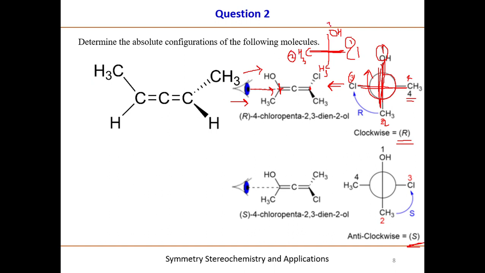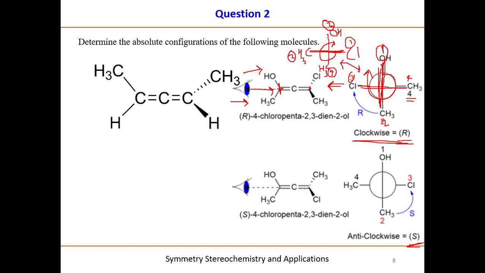Now the third priority will be given to the hydroxy group present on the vertical line, and the fourth priority will be given to this CH3 group present on the vertical line. Now what is the direction? 1, 2, 3. This is the clockwise direction. Clockwise direction means R configuration. So both the configurations are correct, right? You can write any of these configurations according to your convenience. Both are correct. So you can imagine the molecule in both ways. I hope you are clear here.